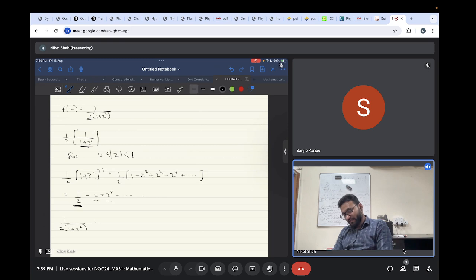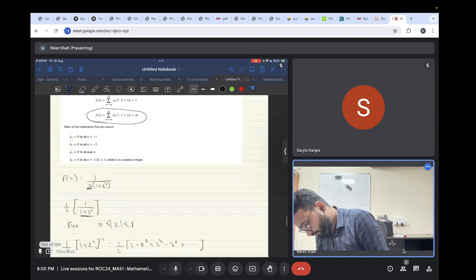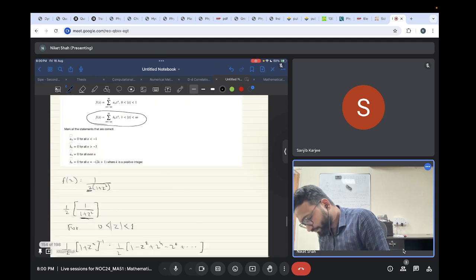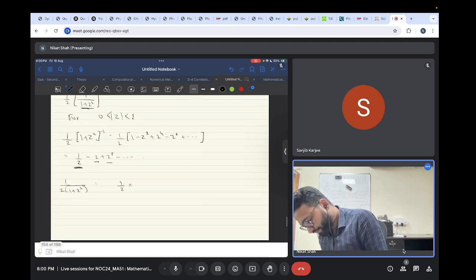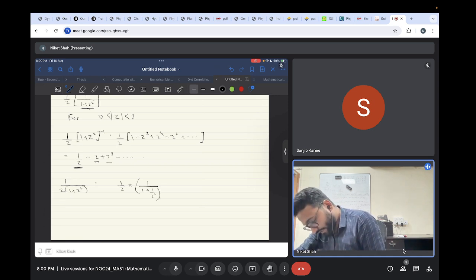So in this case, what I'll do is 1 by z times 1 divided by 1 plus 1 by z square, and I'll get z square common outside here.